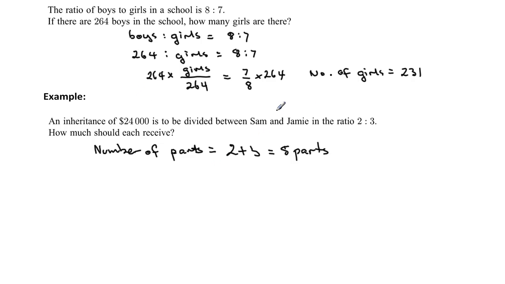So Sam must be linked to 2 parts because he comes first, and Jamie must be getting 3 parts because he's second in the order. So order always counts. So what does Sam receive? Sam would receive 2/5, because 2 out of 5, 2/5 of the $24,000.